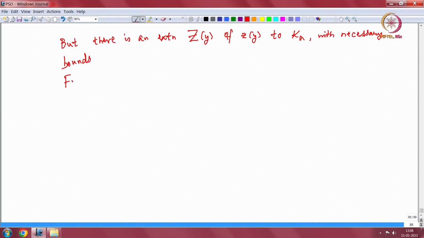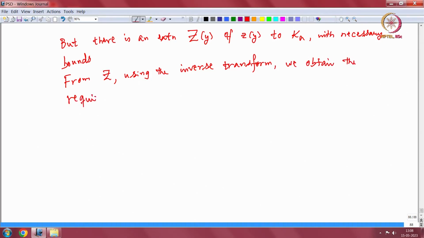From Z, using the inverse transform, we obtain the required extension.